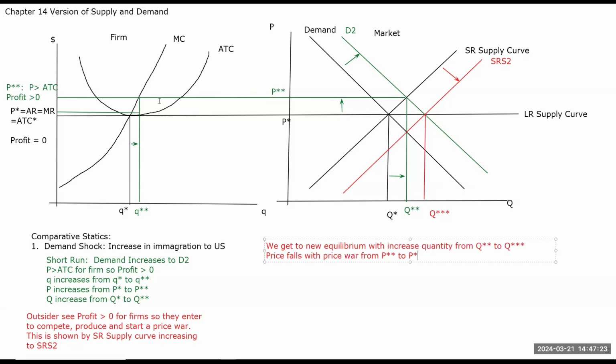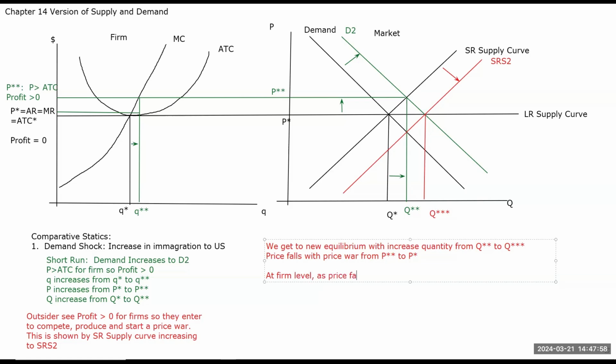And at the firm level, nothing changed in the long run. So all these firms, they used to be producing up here, but as price falls, the production of each individual firm falls back to the little q single star level.